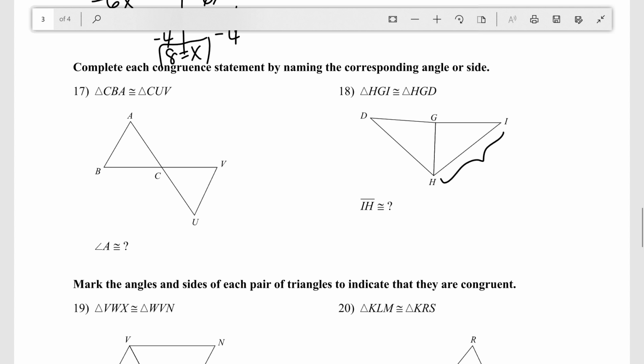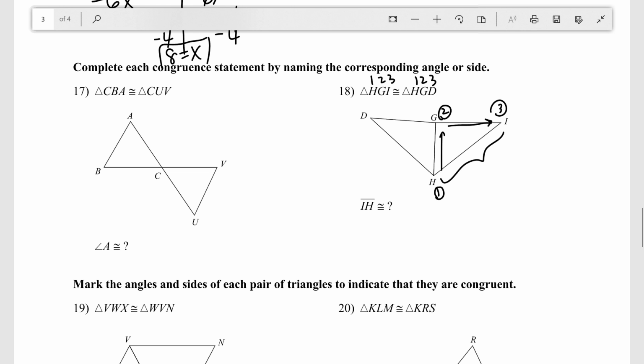So my suggestion here is to make sure that you are paying very close attention to your triangle congruent statement up here. And let's label them by numbering them so that we know exactly which way we need to draw the triangle. So HGI, let's number it 1, 2, and 3. Similarly, HGD, 1, 2, 3. So for my HGI triangle, I would need to go from 1 to 2 to 3.